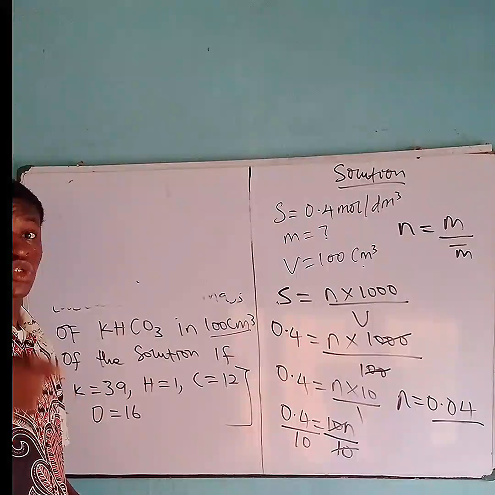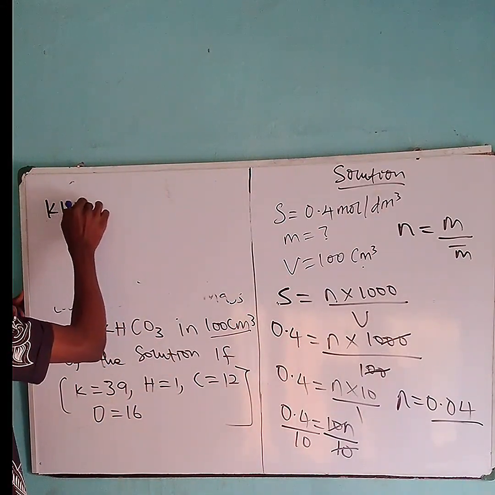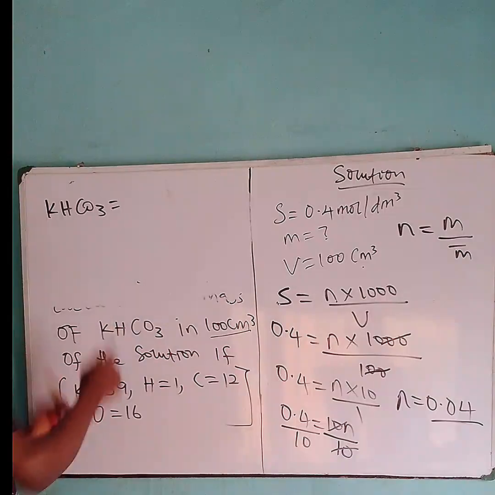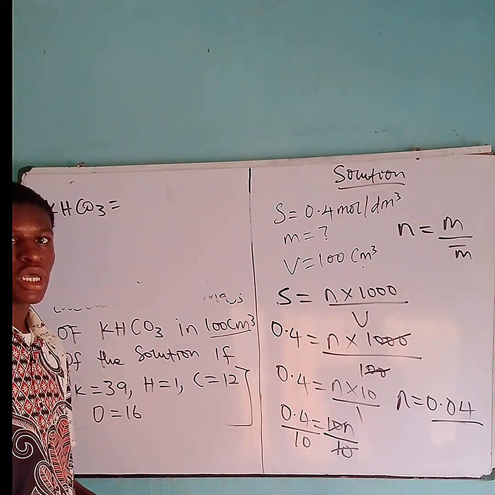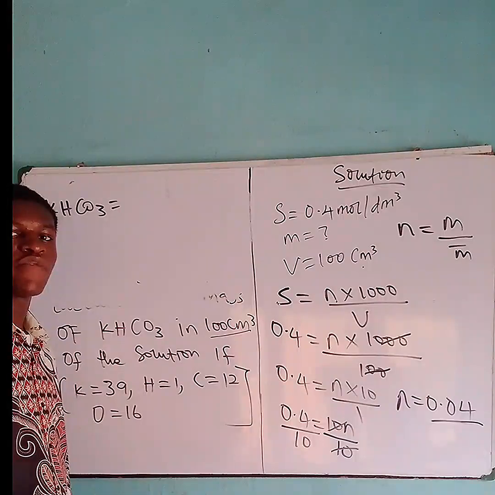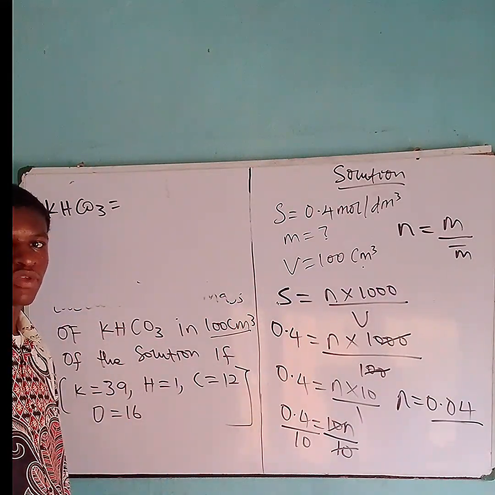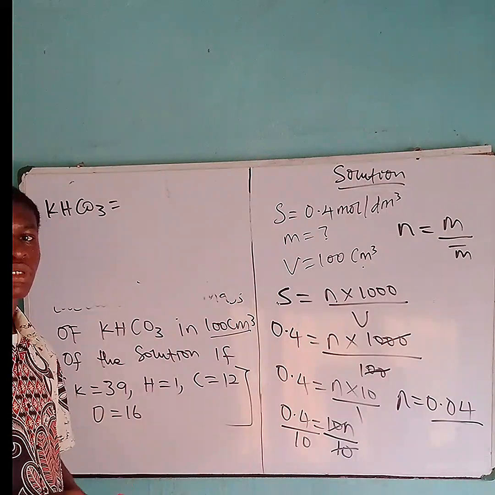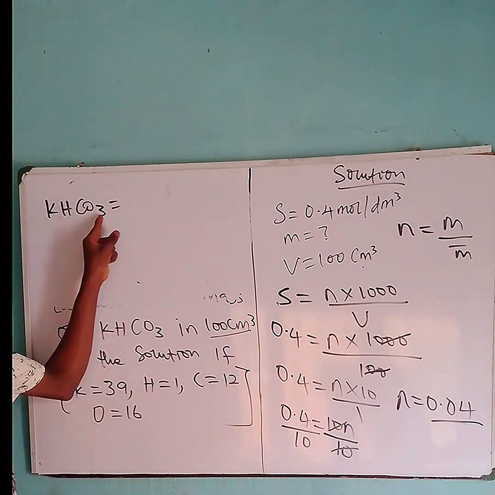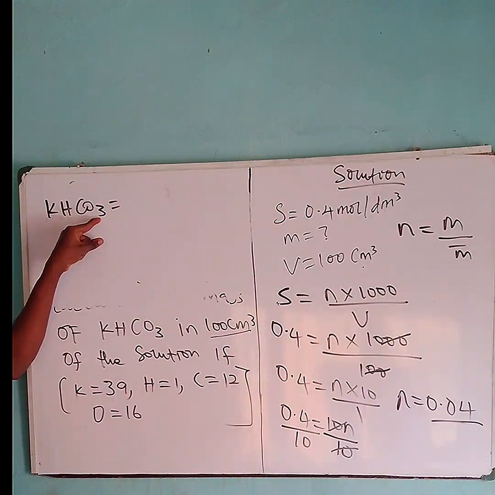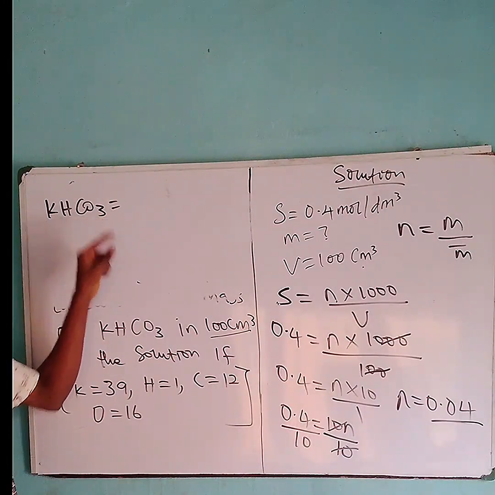The molar mass of potassium hydrogen trioxocarbonate can be gotten by adding all the atomic masses together, and where we have the subscript, we multiply it with the atomic mass. Now, in this case, I see oxygen. I multiply the atomic mass with 3 there.